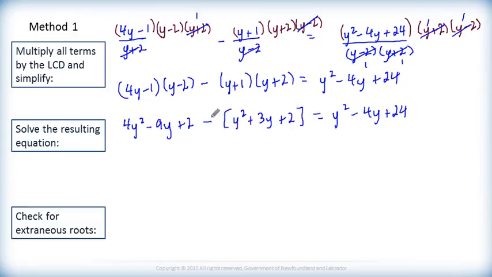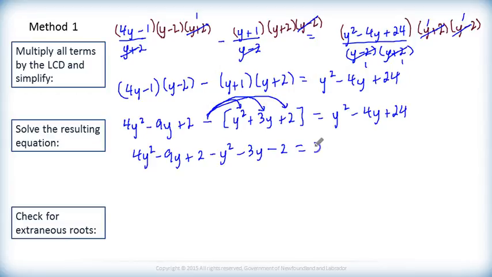Now I'm subtracting here, so I really have to add a negative, or in which case I'd have to distribute that negative anyway, so let's do it right away. We've got 4y² - 9y + 2 - y² - 3y - 2 equals y² - 4y + 24.